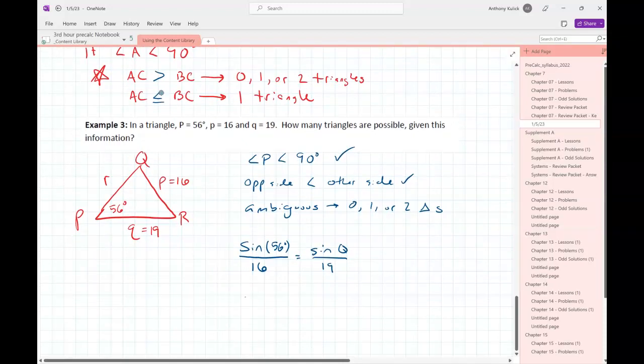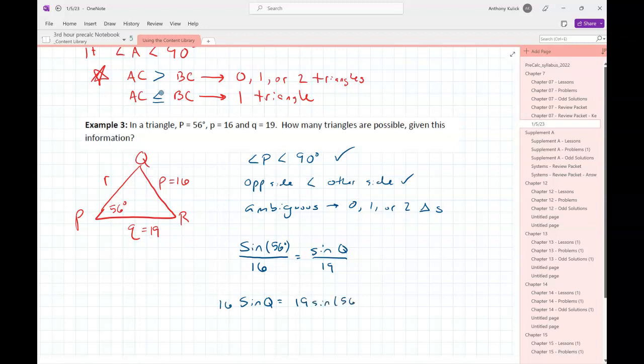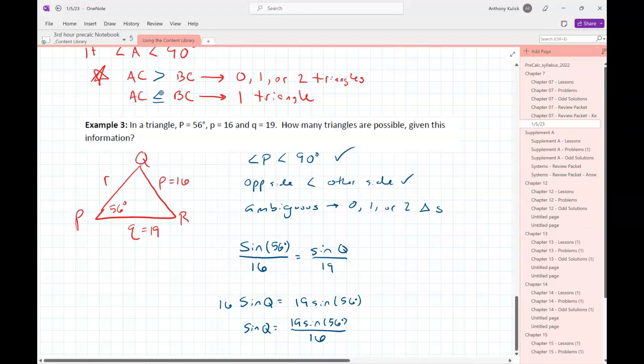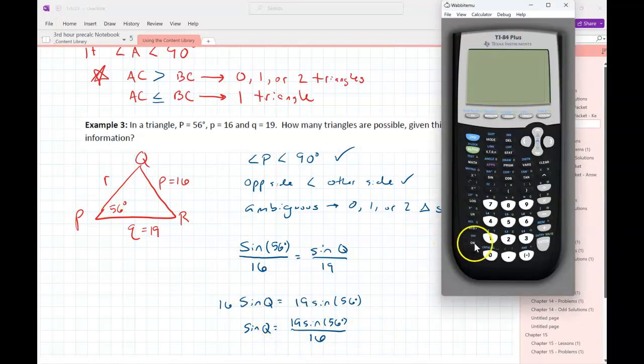And we're going to solve for sine Q. And now I'm going to compute this value. Again, need to be in degree mode.